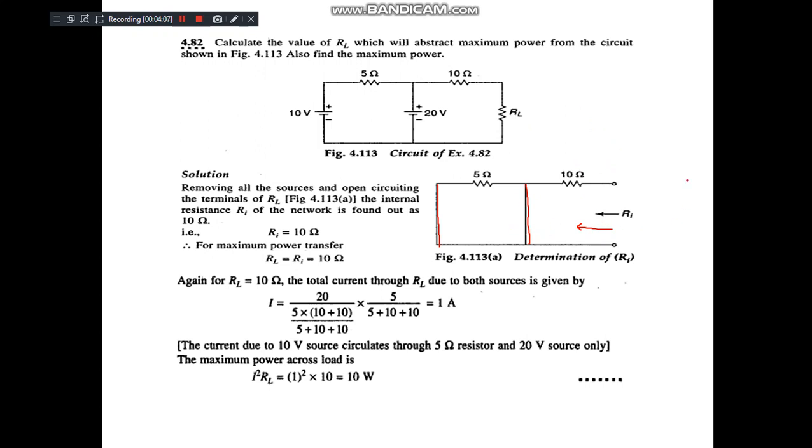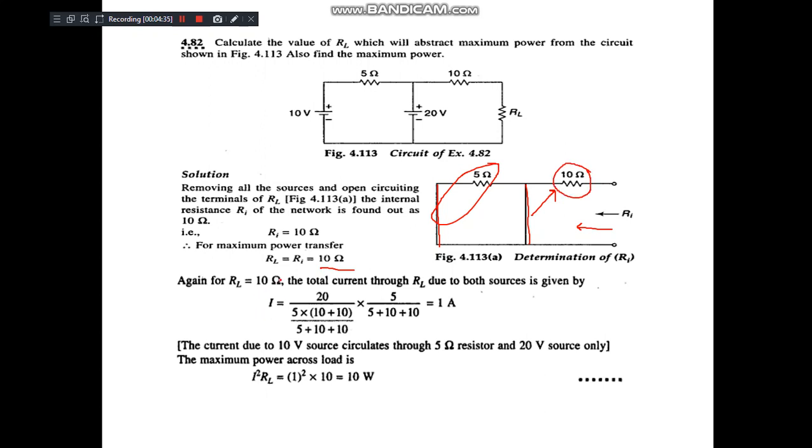So once you open this, Ri is equal to 10 ohm, so RL is equal to 10 ohm here. Why? Because these two are in parallel, you will get 0, and this is in series here, so this is only 10 ohm.